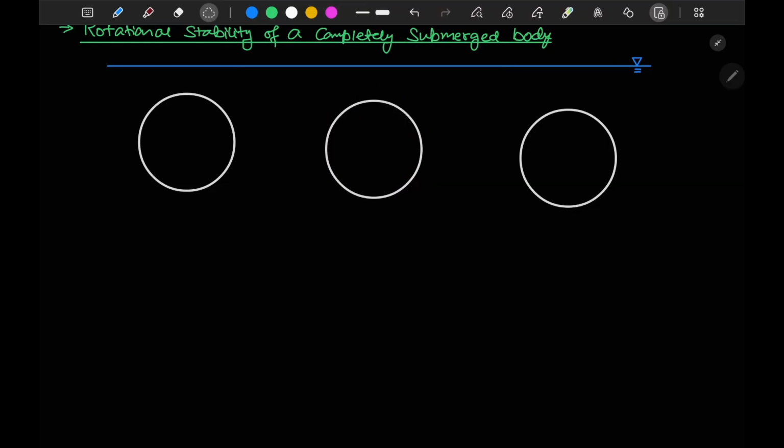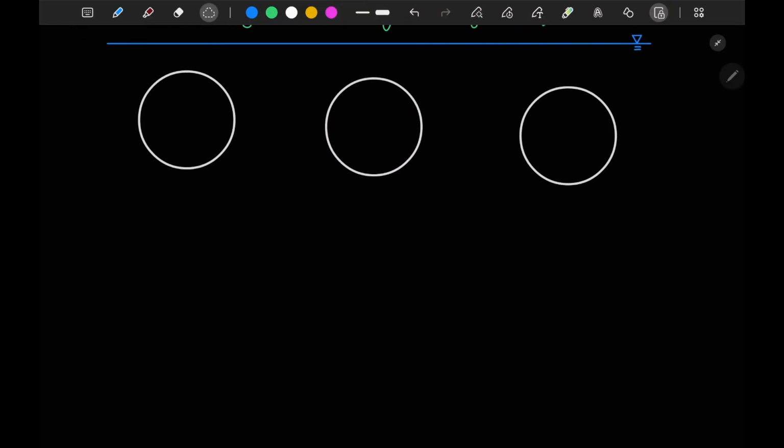In these three bodies, let's say this is the fluid. Up to this point we have fluid only.